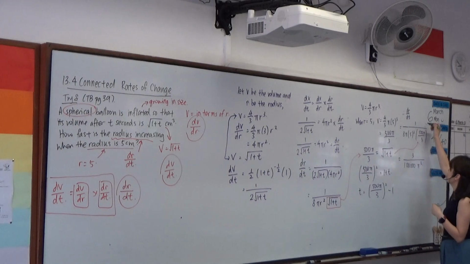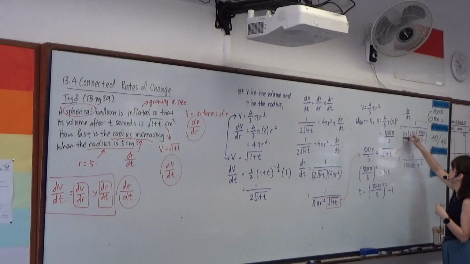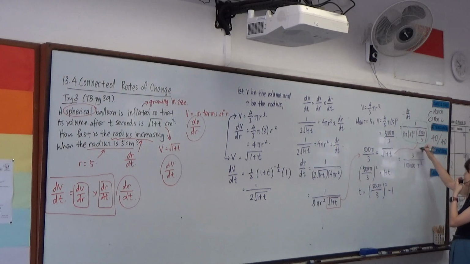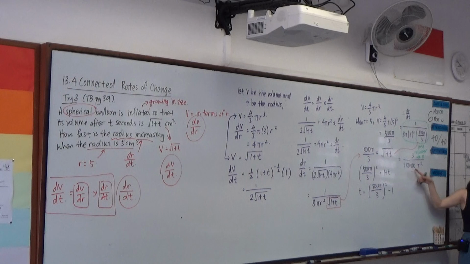Just press the calculator without pi. Give it a try. You should be able to get 3 over 100,000.